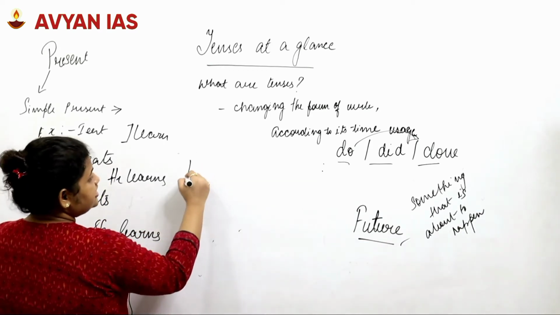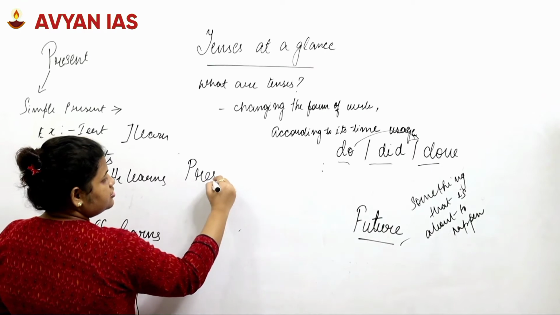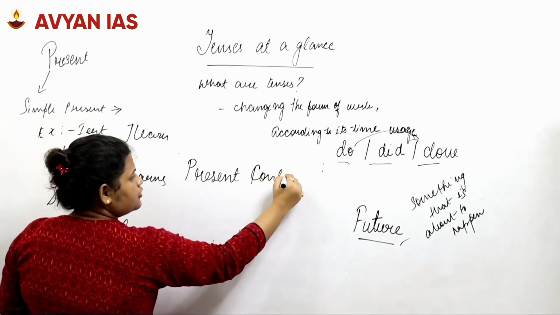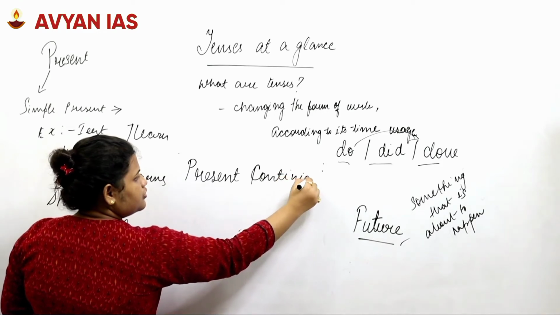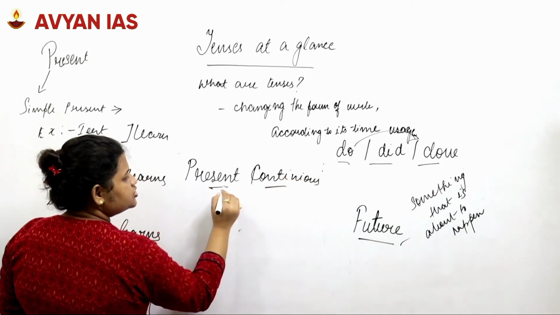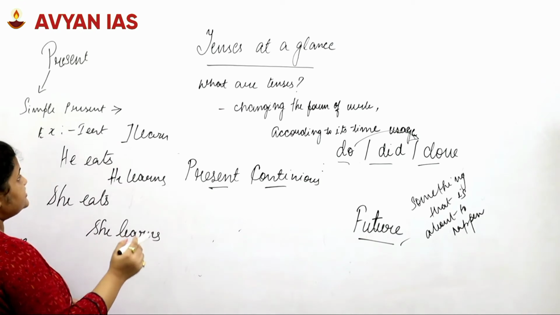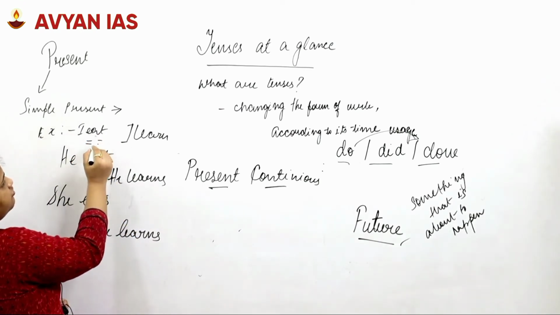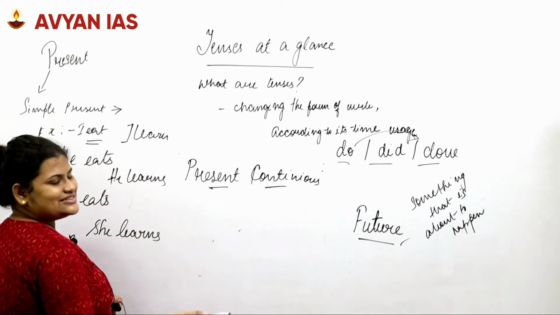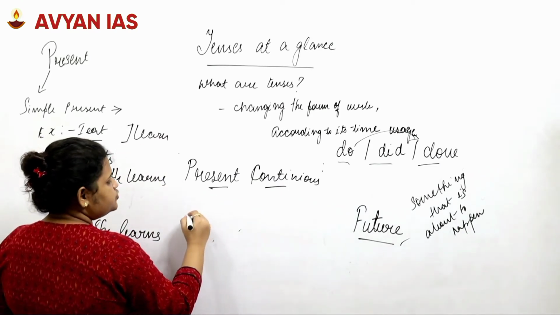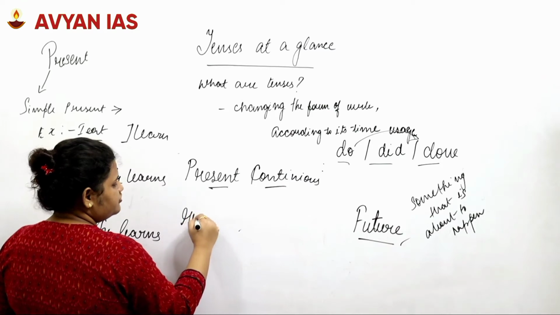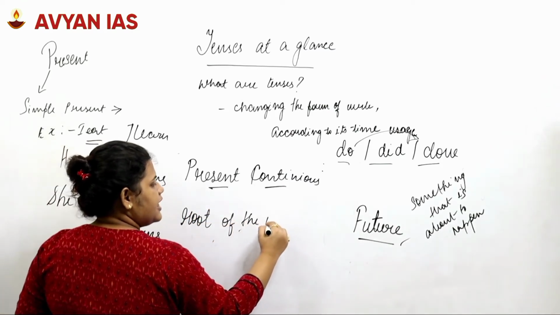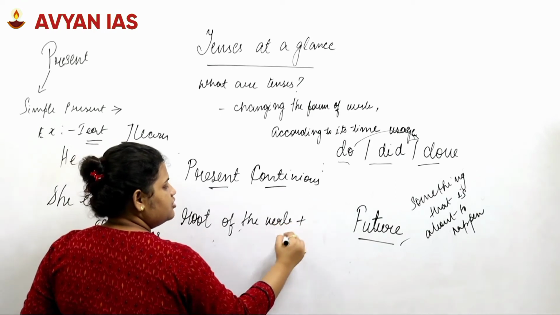So how will we change a verb into the present continuous tense? For example, how we can change the same verb into the present continuous tense. For that, we will use the root of the verb and the ing.